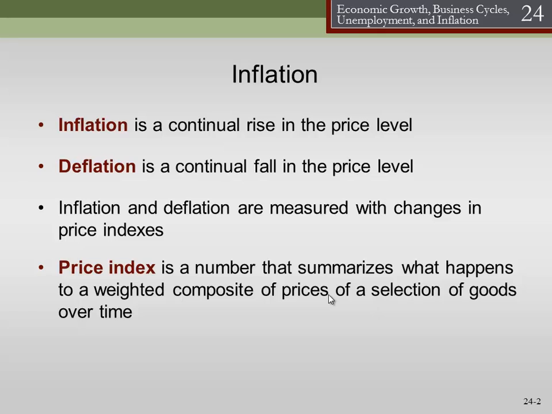You can say a price index is essentially a fancy weighted average of price level, where the weights on each price are going to have something to do with the budget share, how big a percentage of your budget each one of those goods are in some way or another. Now, there's lots of different price indices, and we won't talk about index number theory, but you can think of this as a good basic definition for what we're talking about.